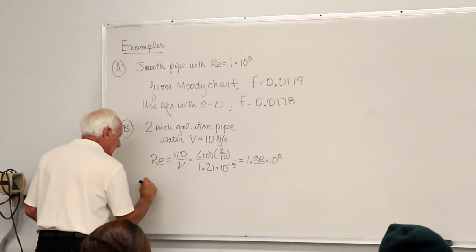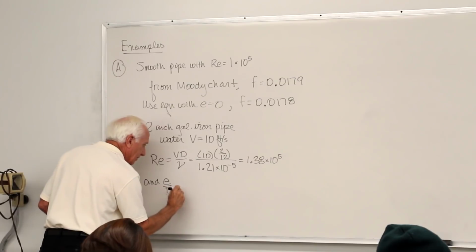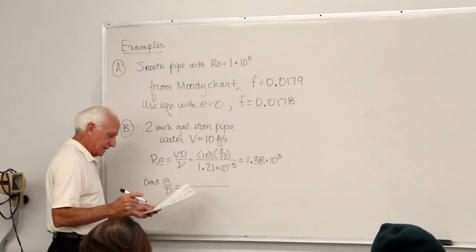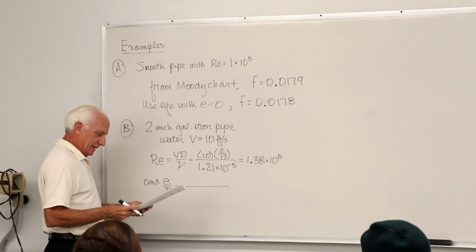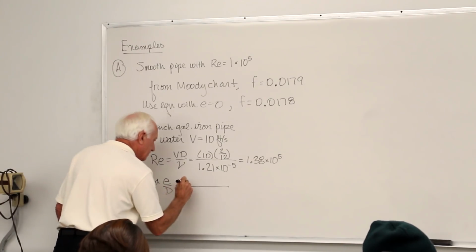The value of E over D on the Moody chart. In the legend it says if it's galvanized iron, in feet E is 0.0005.